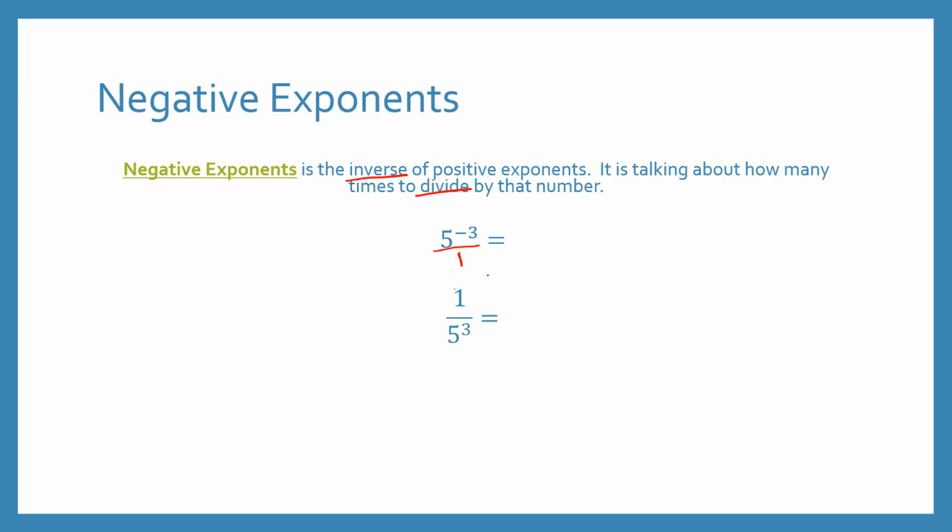To find the inverse of positive exponents, you flip it to make this now positive, which tells us that that is just 1 over 5 times 5 times 5, which is 1 over 125, so it's a much smaller number. Your goal with negative exponents is always to get those negative exponents to be positive by moving them to the opposite place.